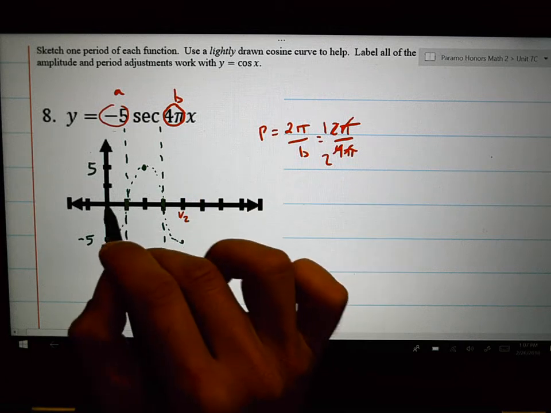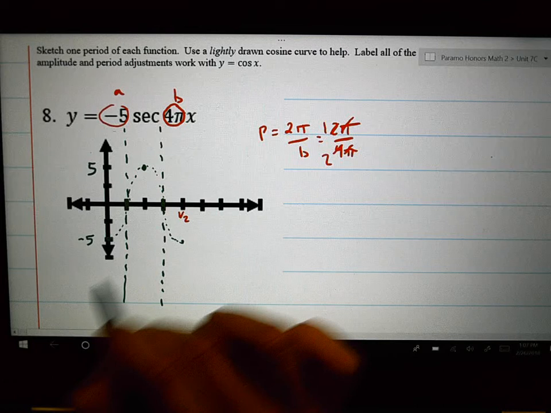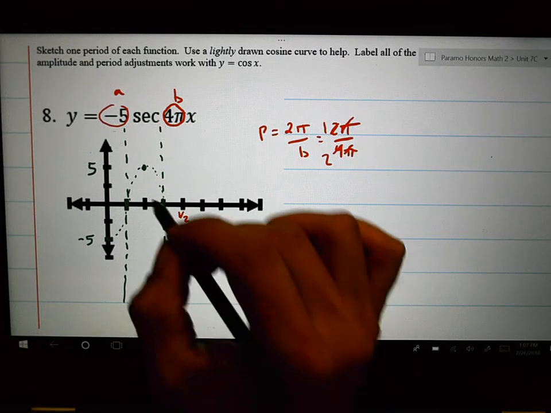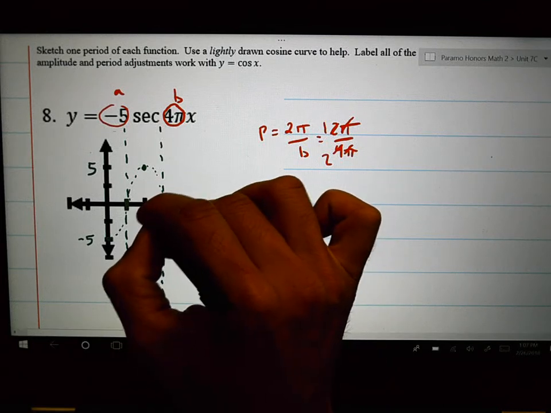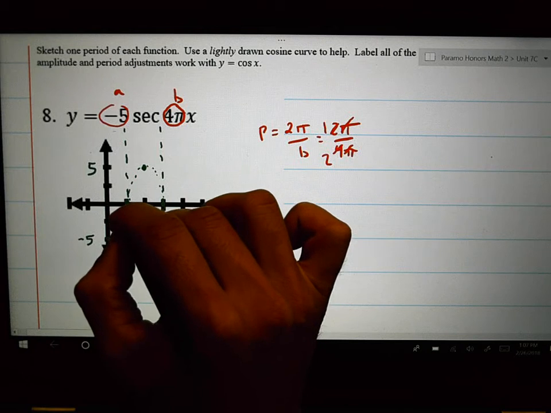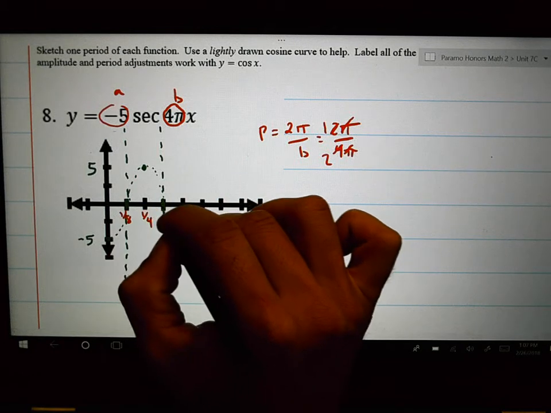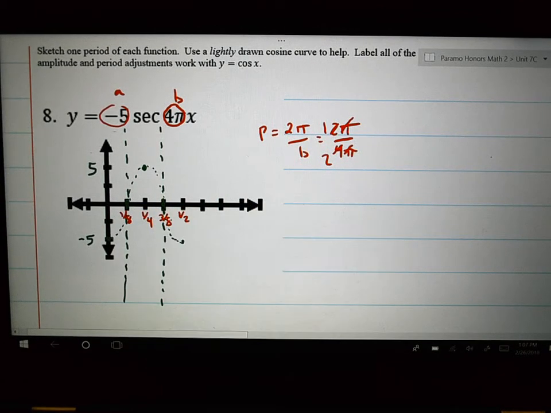Your fourth quartile, 1, 2, 3, 4, should be 1/2. That's one period. Half of that, right in the middle, is 1/4. Half of that is 1/8, and 3 of those is 3/8, in case I needed to know where the asymptotes are for this particular problem.